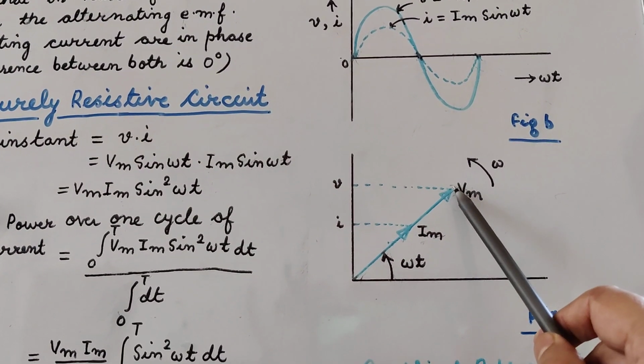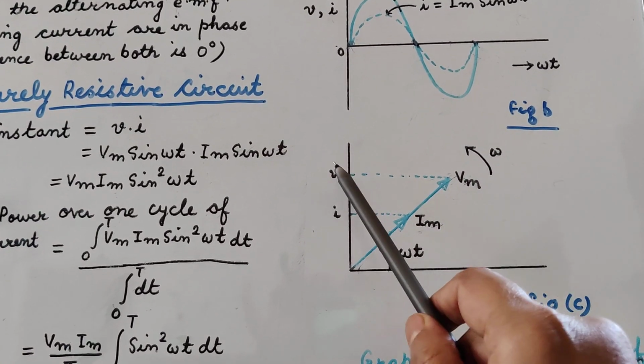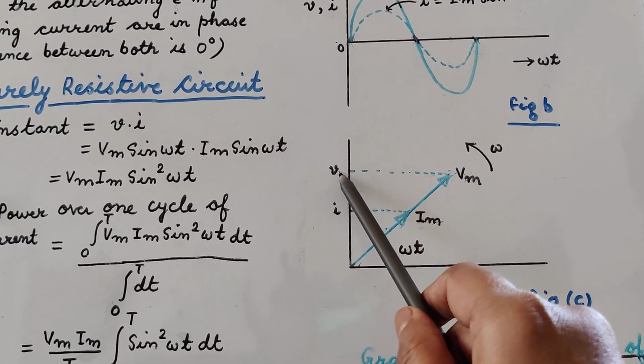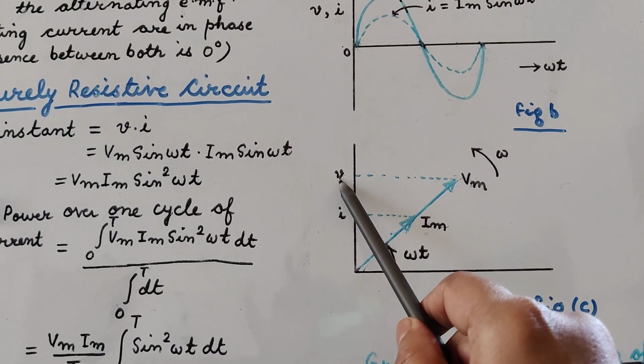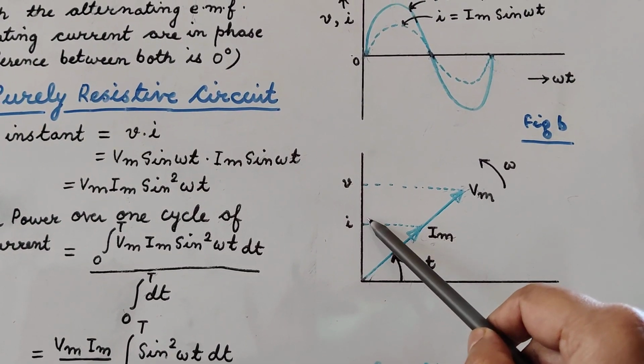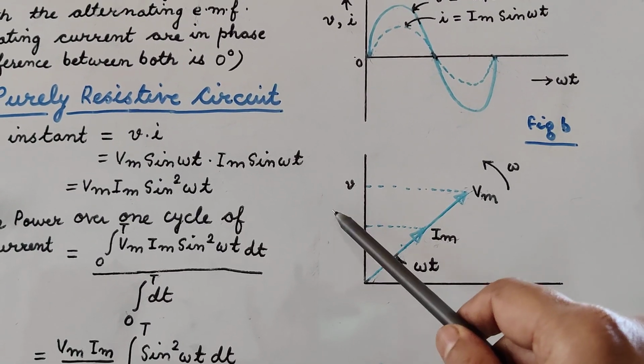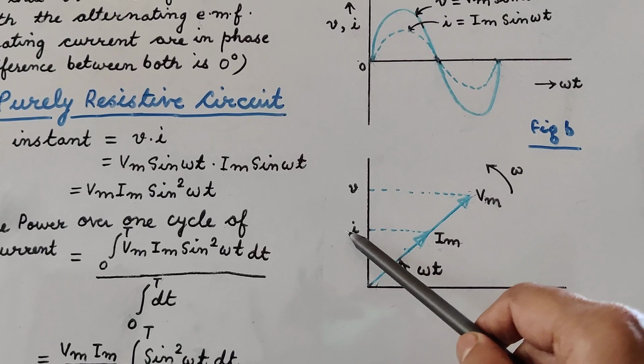Now if we obtain the projection of this Vm on the y-axis, then this value will give the instantaneous value of the alternating voltage. Similarly, if we draw the projection of this Im on the y-axis, then it will give the instantaneous value of the alternating current.